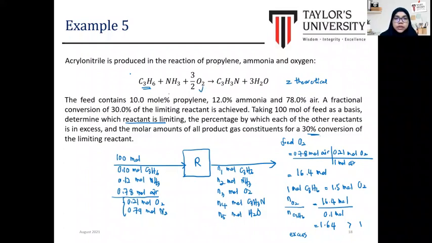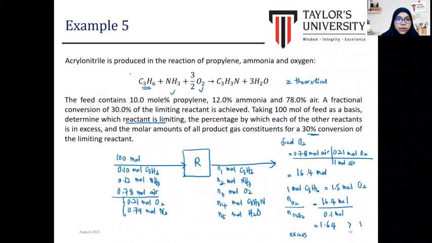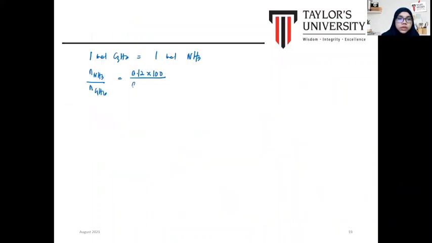How about the ammonia? Based on the propylene, 1 propylene requires 1 mole ammonia. So if we calculate the operational, N ammonia over N propylene, we have 0.12 times 100 over 0.1 times 100, equal to 1.2.